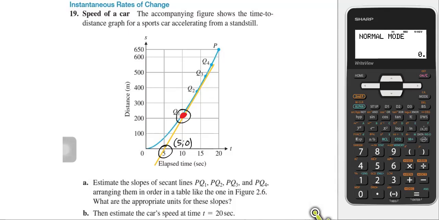It could be Q itself. If it's Q, then it's 10, and it corresponds maybe with 200 or 210. Let's just say 200 for now. And then you just do that average gradient, y2 minus y1. The gradient of a tangent, it's not a secant, it's a tangent, is the same as the gradient at that point Q1. That's all you have to do with this one.